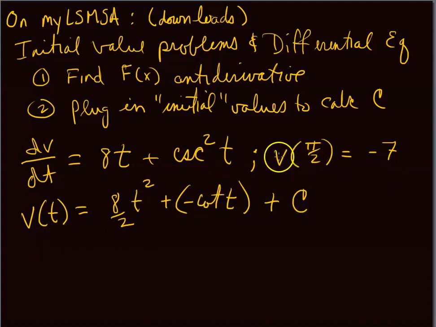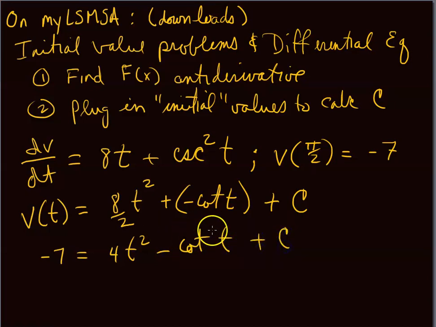Here we're saying that the function v is negative 7. Let's do a little work here. This is 4t squared minus cotangent t plus C. But hold it, this is not t. This is pi over 2. So this pi over 2 gets plugged in.